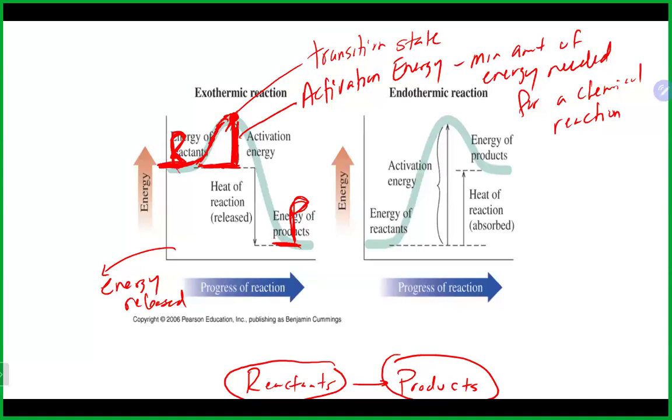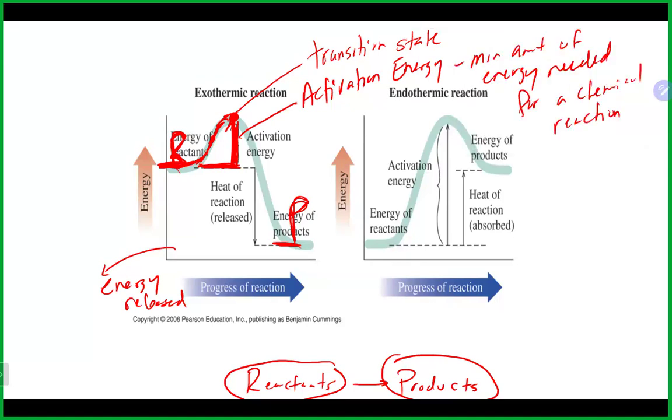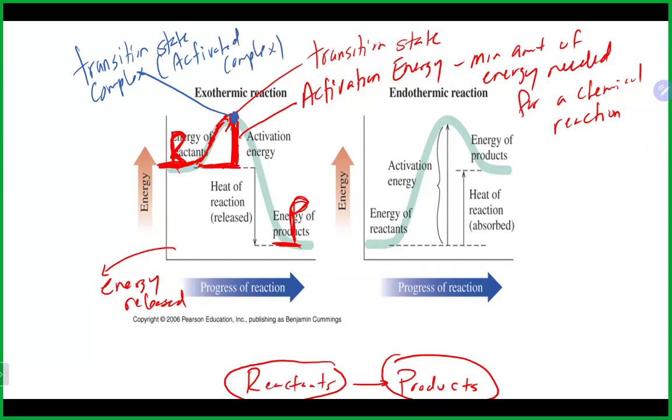So when they get to the very top of the hill here, which is the transition state, they actually make something up here, and I'll just make it a little bluish here. This is what is sometimes referred to as the transition state complex. Some people call it the activated complex. And that thing is essentially an intermediate between the reactants and the products.